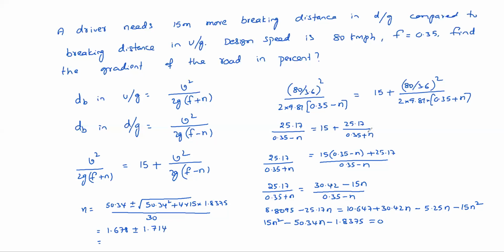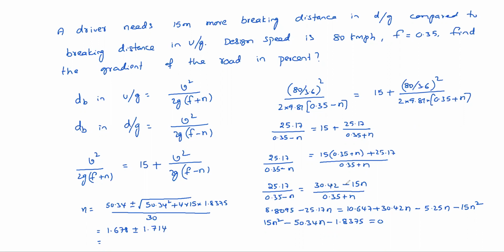So again here plus will come, plus 25 here minus, here plus. So here minus, here plus. In this calculation 15 into 0.35, this is okay.